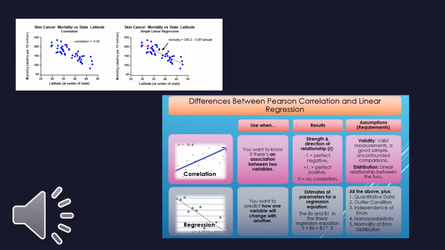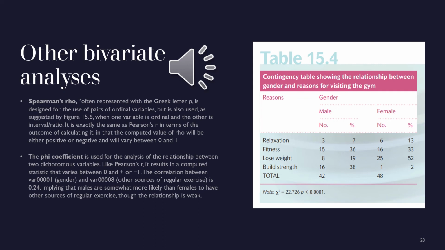The correlation number is simply one number that tells you the strength of the correlation, and the other one is a number that tells you the line, the x and the y, if you studied statistics in school before. Now we have other types of analyses, but they're basically very, very similar.